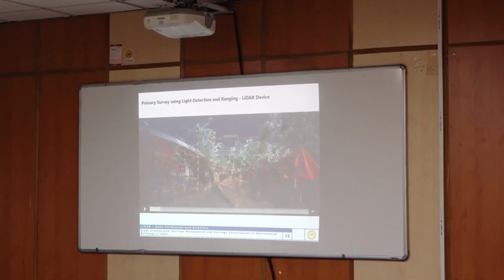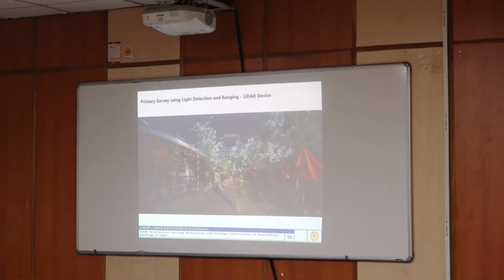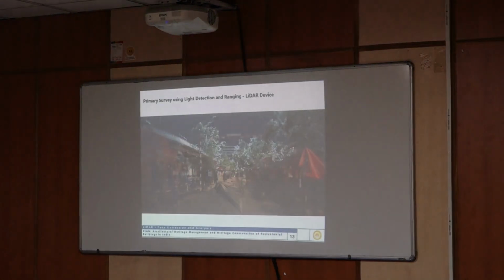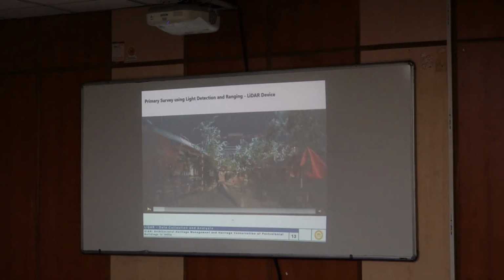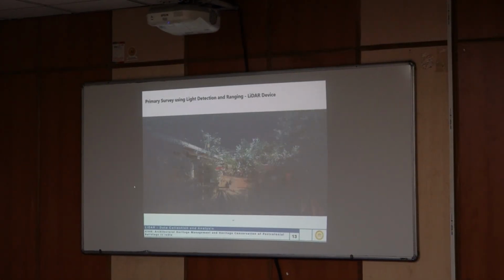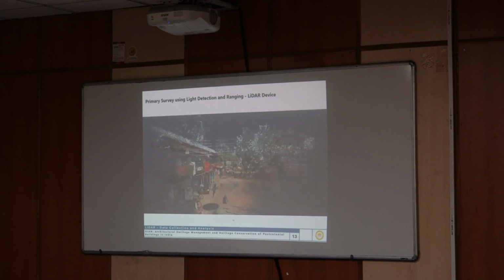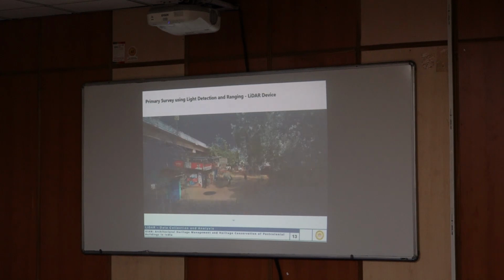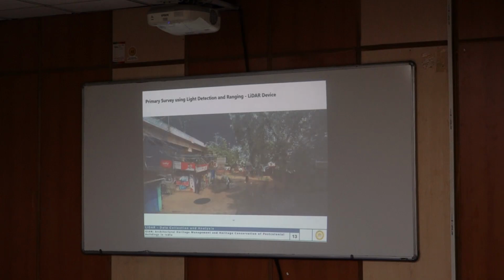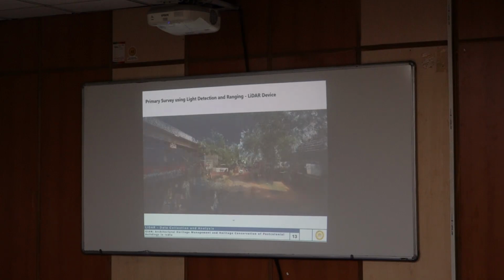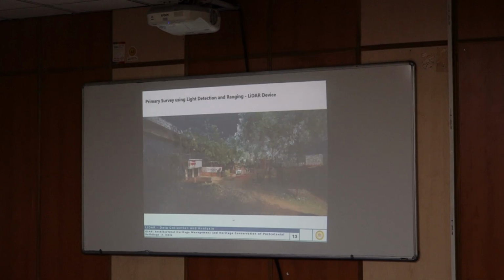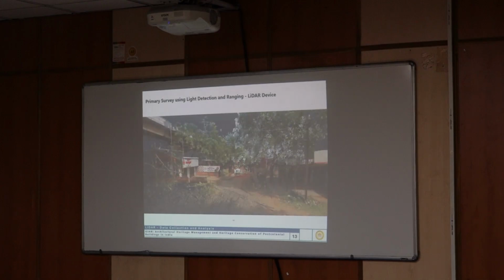I am just recording this as and when I scroll through the subsequent points of data acquisition. All these circular patches, empty patches, are the points where the LiDAR was located.